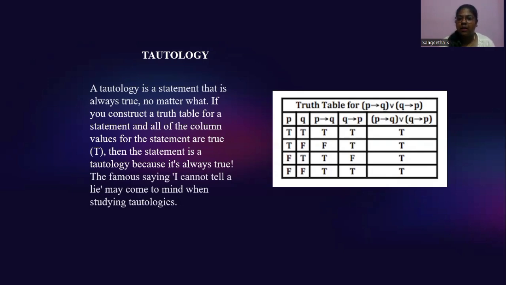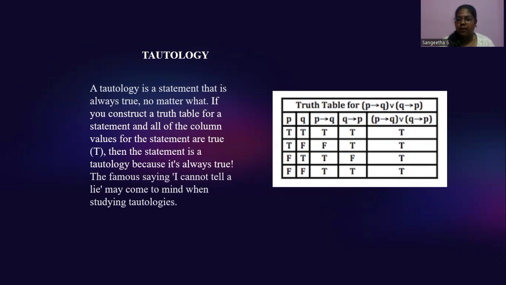Let us consider P, Q, and the third column is P implies Q, the fourth column is Q implies P, and the fifth column is P implies Q or Q implies P. For P implies Q, whenever P is true and Q is false, the output will be false, or else it will be true. So the value for P implies Q is true, false, true, true.